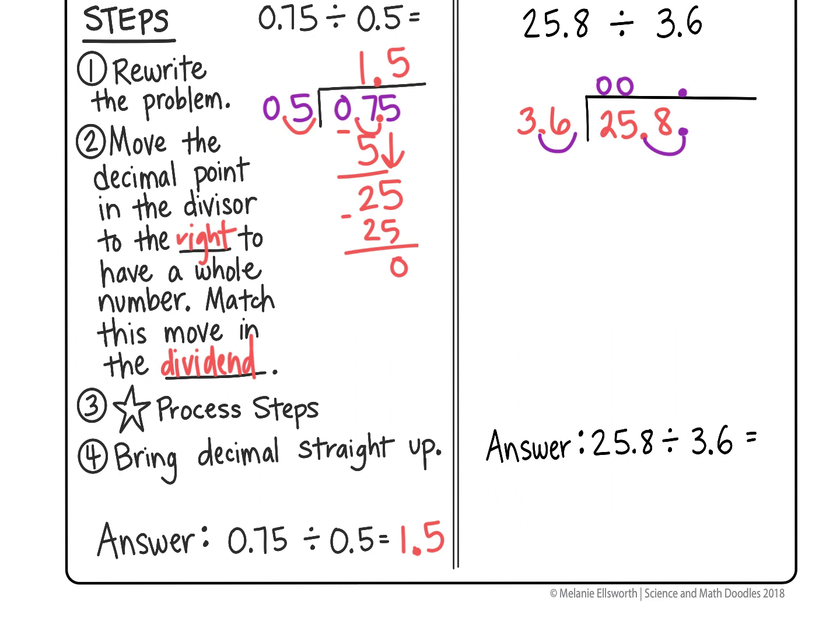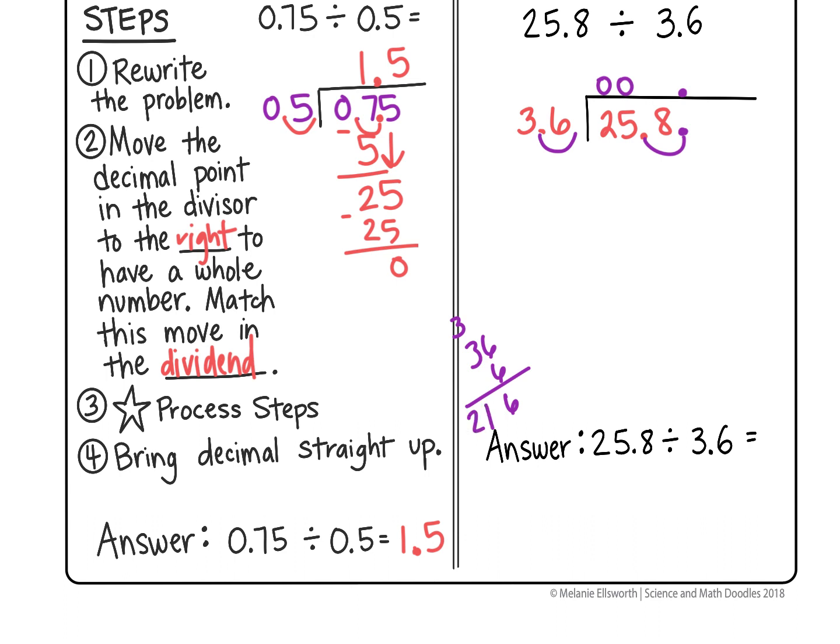So I'm going to estimate 36 to about 40. And then I'm going to take 258 and round that to about 240, because I know that 40 goes into 240 evenly 6 times. So I'm going to try out 36 times 6 and just see what I get. It may not be enough, but at least it's a starting point.